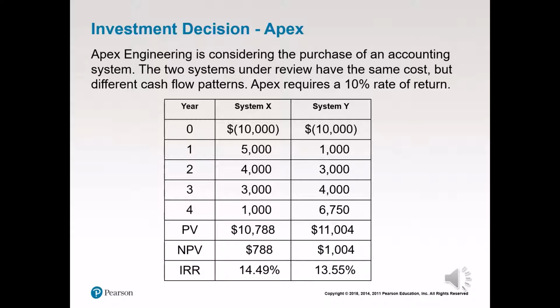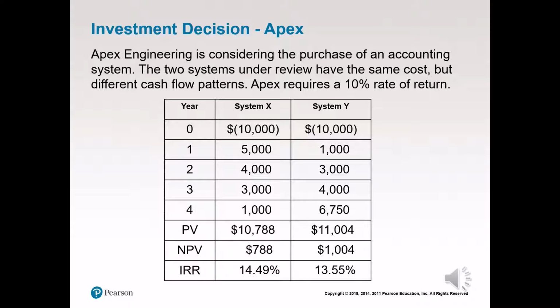It has a lower net present value than System Y, so the firm would choose System Y over System X. But if you use the online calculator and you plug the cash flows for the two projects into it, the internal rate of return for System X is 14.49.